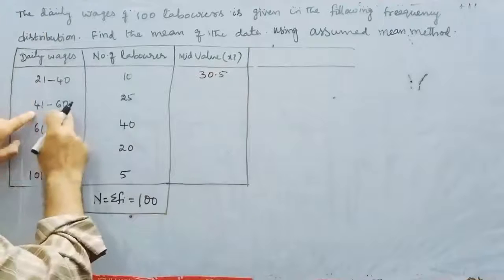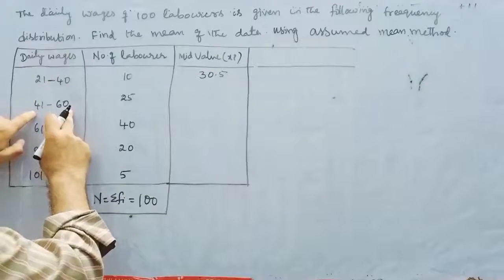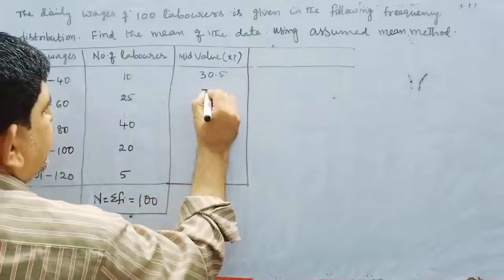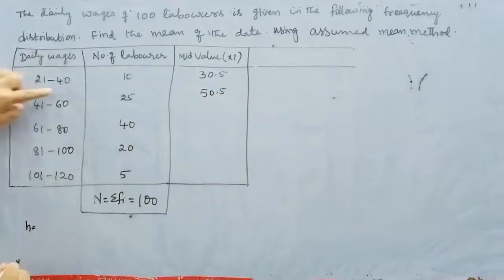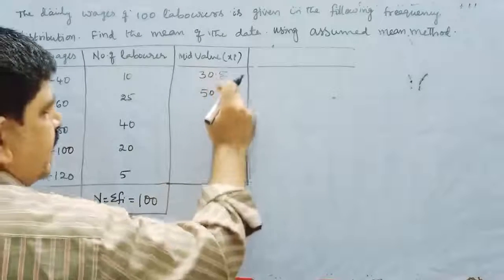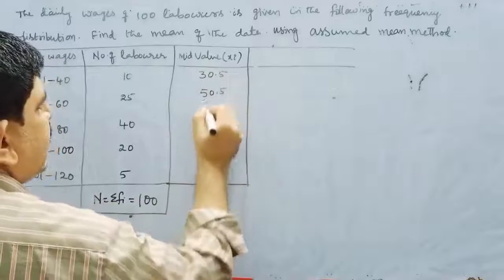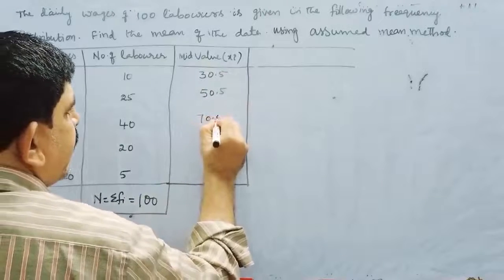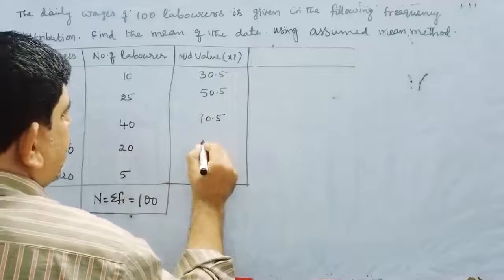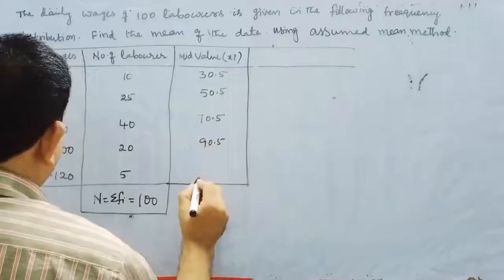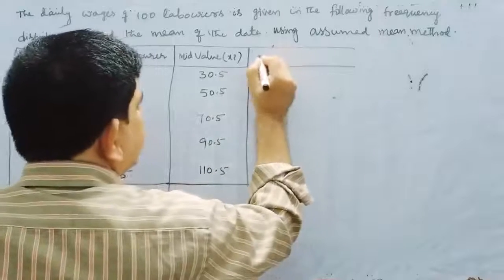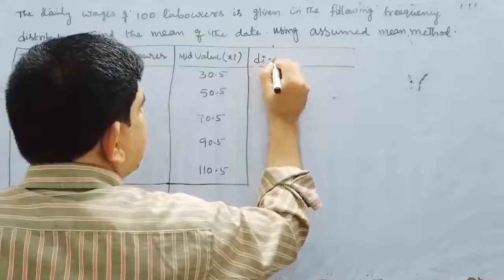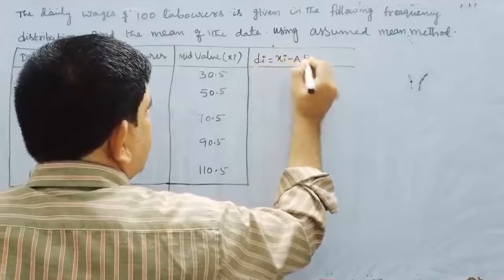Next 41 plus 60, 101 by 2, 50.5. Here the height of the class h is equal to 20. Now add 20 to each one and we get the remaining mid values: 70.5, 90.5, 110.5.